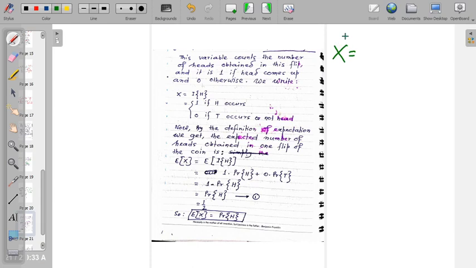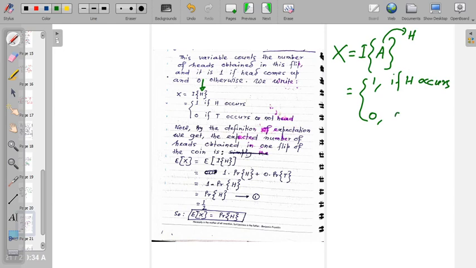This X is the indicator random variable associated with this event A, and we know that event A is nothing but H. So instead of A we can write H over here, and X is 1 if H occurs, 0 otherwise.